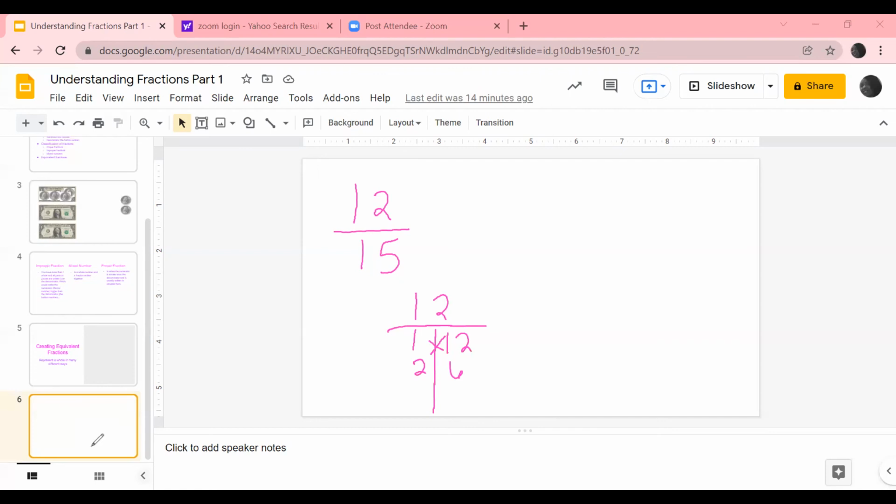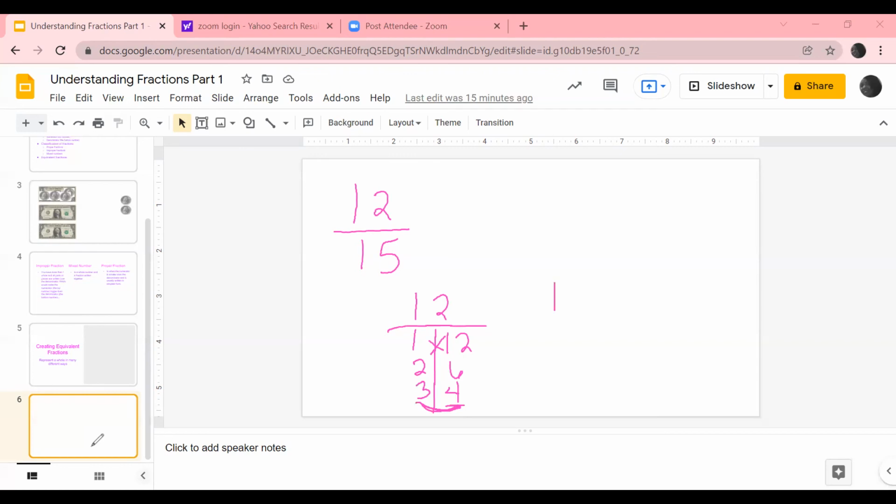Then I go to my next number, and I just go in order so that I don't leave out any factors. So I'm going to the 3. Is 12 divisible by 3? Yes, it is. So 12 divided by 3 is 4. And then when I get to the next number, it will be 4. And because I already have a 4 written here, that is it. Those are all of my factors of 12.